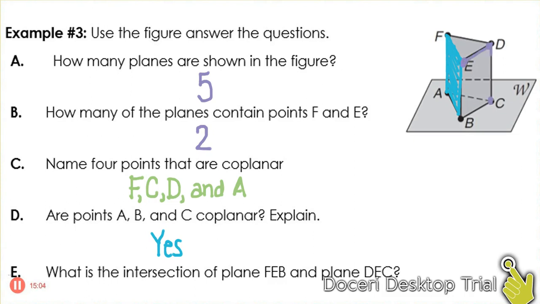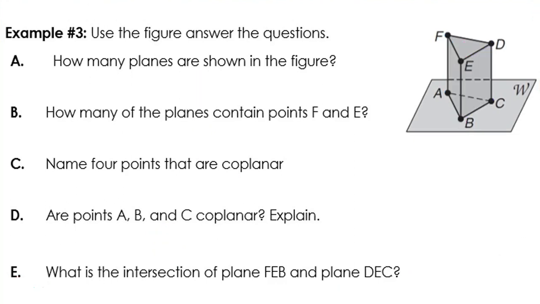Now, if we remember back to those postulates, any 2 planes intersect in a line. And so if I look at this, those 2 planes intersect at this line right here, which would be, I believe that is point E that I have now covered, and B. So they actually intersect in a line, and that is line EB. So 2 planes always intersect to form a line.